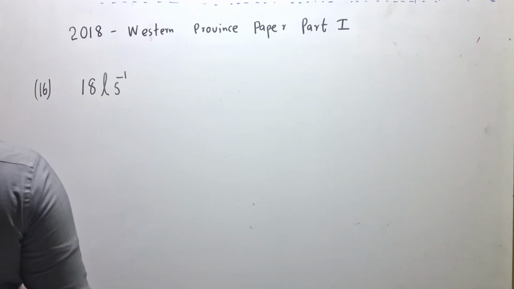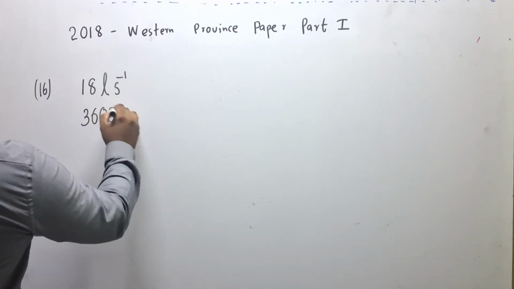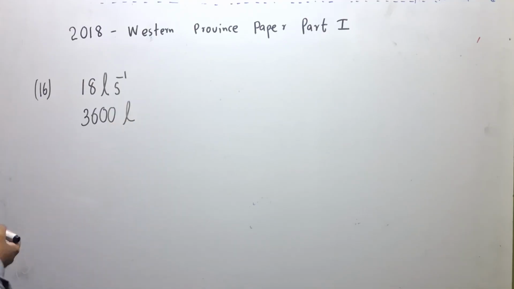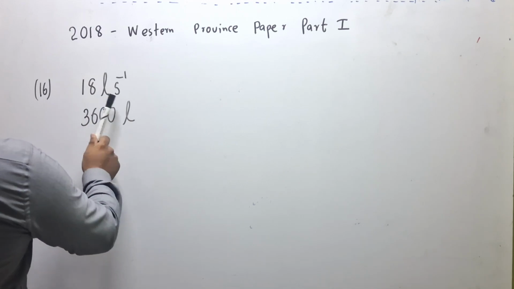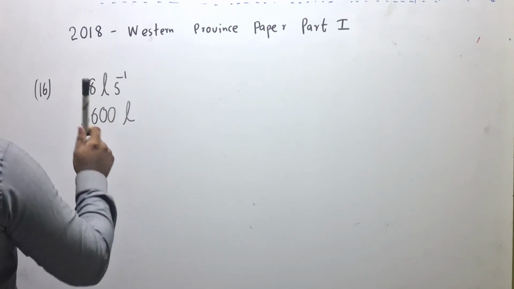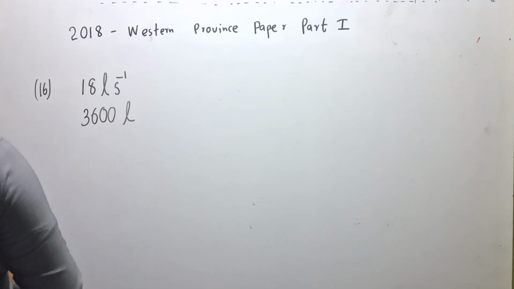And what is the volume? 3600 liters. Think about the units. Using liters and liters per second, you have to get a second value.